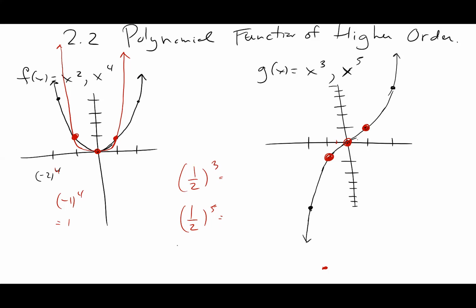Let me do it on the positive side first. It looks like it's going to come down like this. Right here at the 1/2 marker, I just want to see 1/2 to the 3rd or 1/2 to the 5th. Which one's going to be higher? Which one's going to be lower?